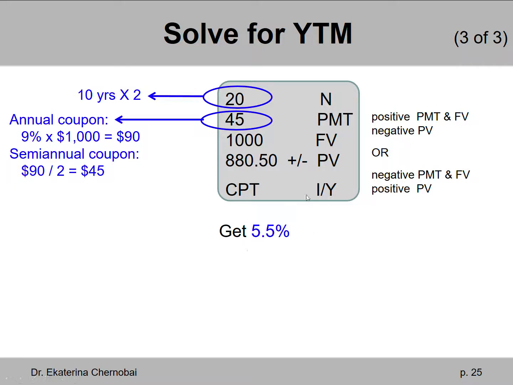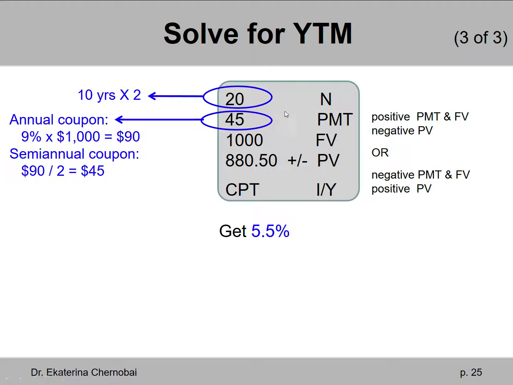It looks like this is our answer, right? Actually, it's not. We are missing one more step. Why? What's going on here? Because everything in our problem is semi-annual, the interest rate we get is also semi-annual. So 5.5% is for half a year.